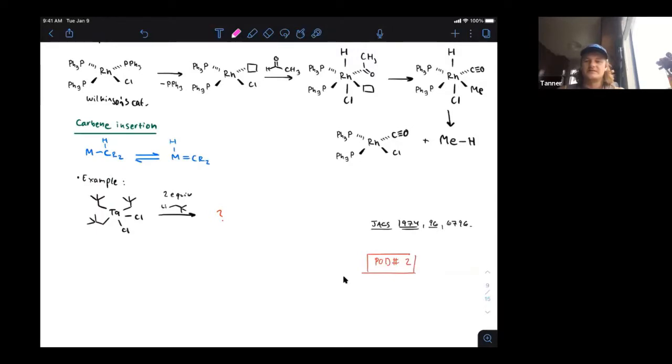As Kiri said, you have this T-shaped intermediate, and one way you can rationalize this is that for this d6 complex, you can draw the MO diagrams and see which orbitals the electrons will be in, and which orbitals would stabilize key interactions, such as the pi back bonding to the CO ligand.